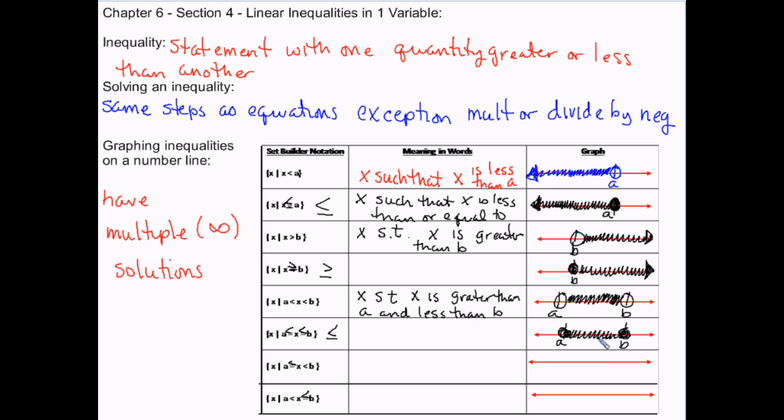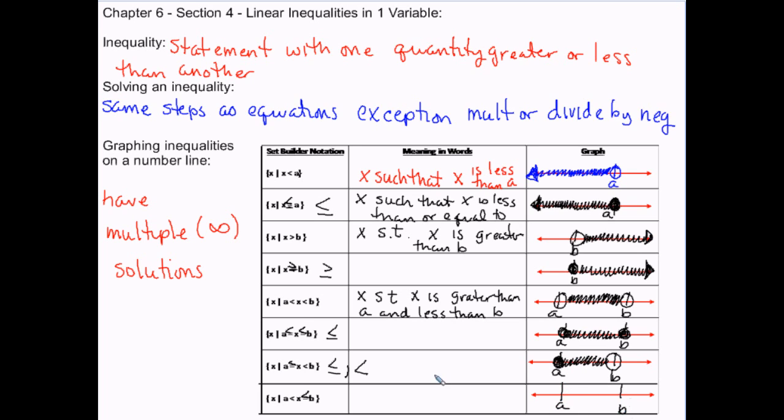If I have a less than or equal to and then a less than, the equal to is next to the a, so that one gets the closed circle, and then the regular less than is next to the b, so that one gets the open circle. You shade between them.